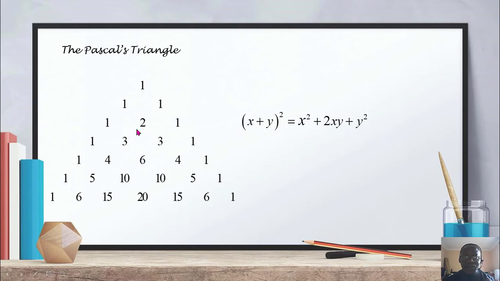So we're going to use this row of the Pascal's triangle to expand that. The relationship is this. The coefficient of x squared there is 1, which corresponds to this one. The coefficient of xy is 2, which corresponds to this 2, and the coefficient of y squared is 1, which corresponds to that one there.